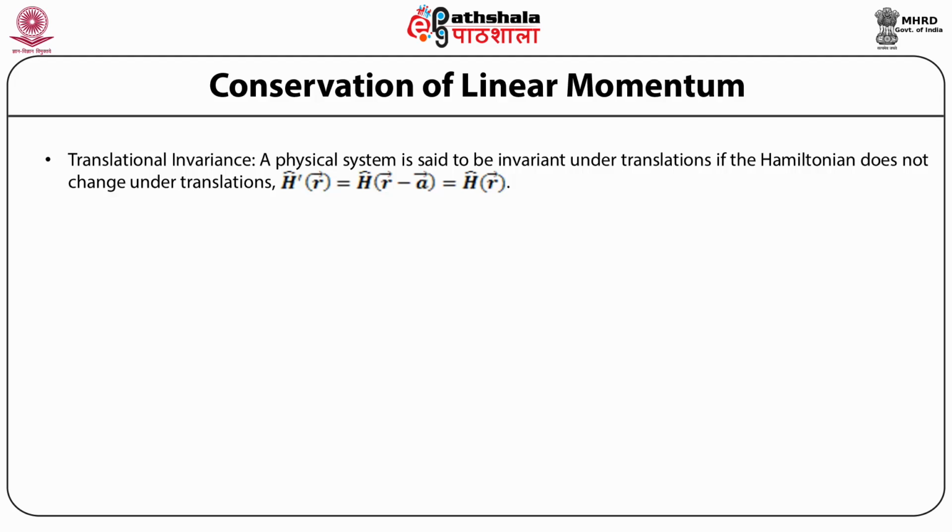That means if we have the Hamiltonian operator H, which undergoes a transformation to the operator H prime under such a translation, then we can define the new Hamiltonian operator H prime as a function of position vector r as operator H as a function of position vector r minus position vector a, and which turns out to be equal to operator H as a function of position vector r.